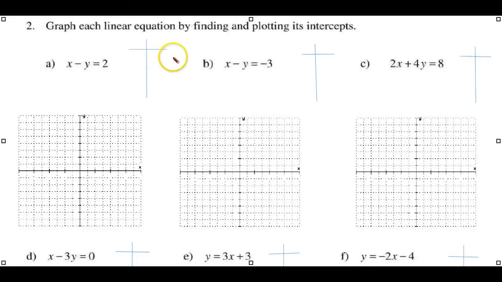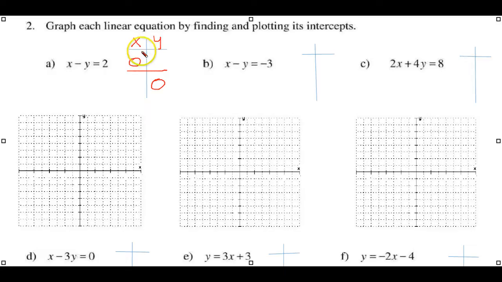Now, on the other side, wherever you're going to make a little t-chart, here is the equation for 2a. And we do a t-chart by putting an x there, a y there, a 0 under the x, a 0 under the y. We call this the x and y intercept t-chart.